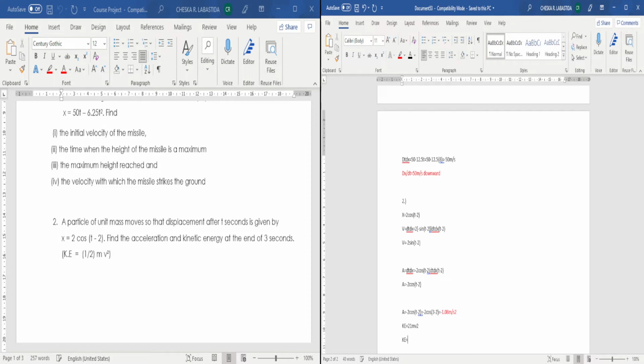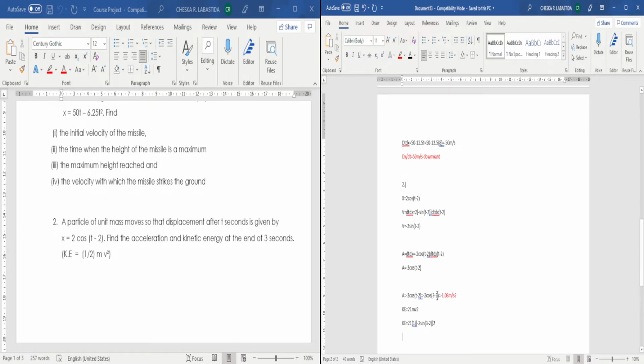KE is equal to 1/2 times 1 times negative 2 sine (3 - 2), then squared, and that will come up to a kinetic energy of 1.42 joules.